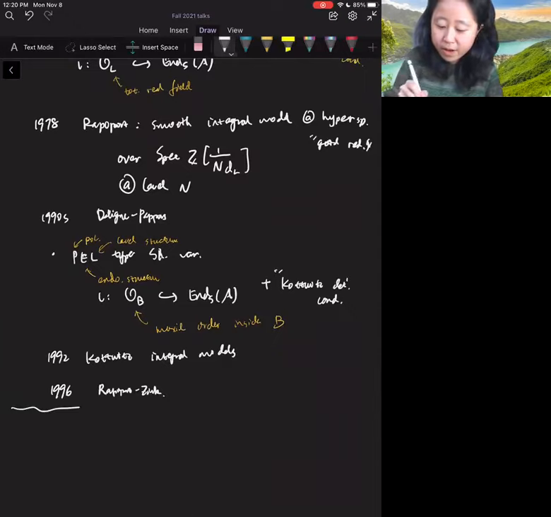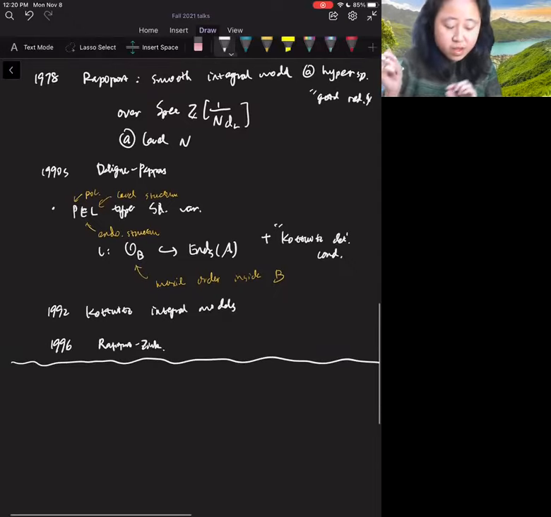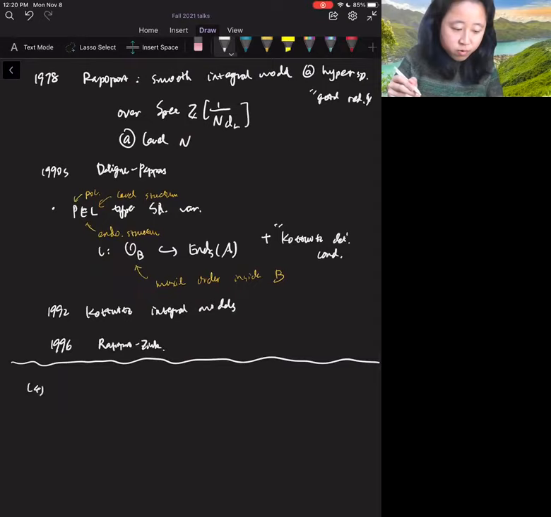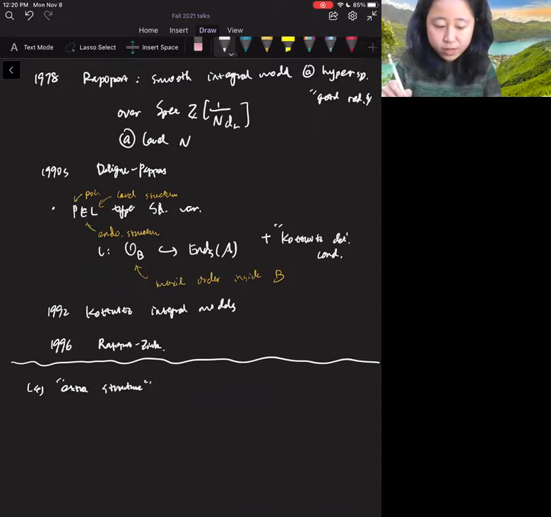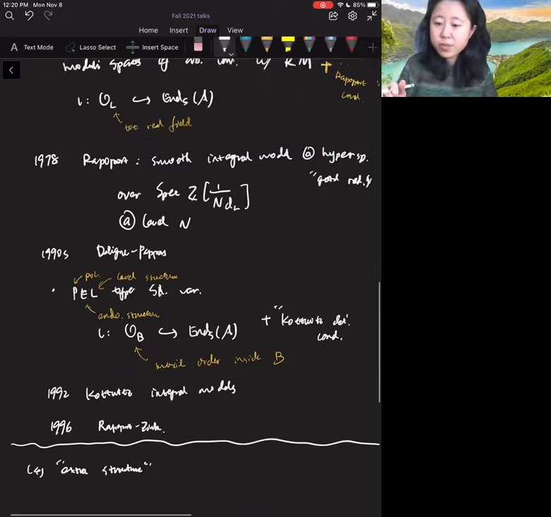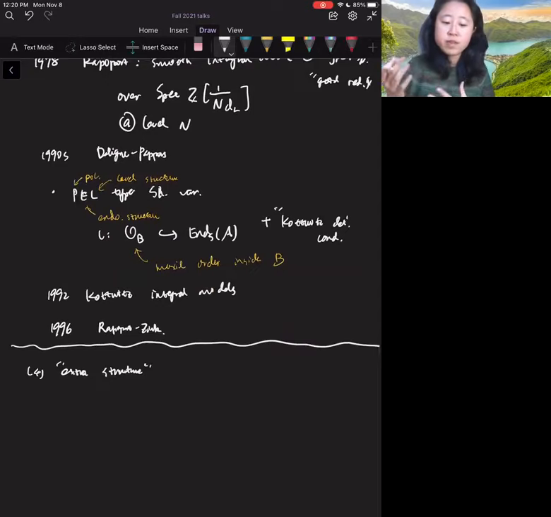So, okay, now I want to give you one more example of extra structure. In the previous example, the extra structure that we impose on our abelian variety is that of an endomorphism structure.